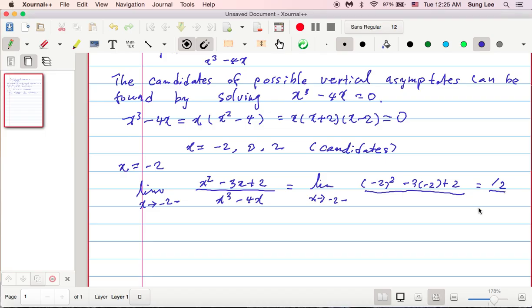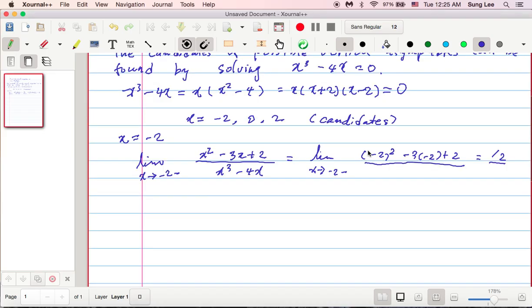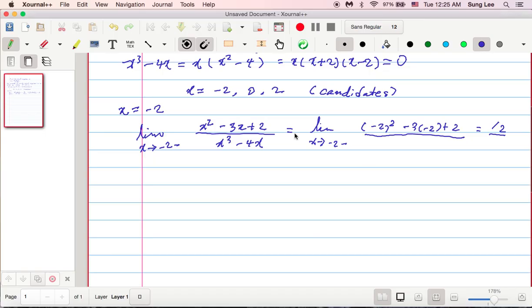So it is important to know whether it is a positive infinitesimal or a negative infinitesimal. How do we see that? Remember, x cubed minus 4x is factored to x times x plus 2 times x minus 2.